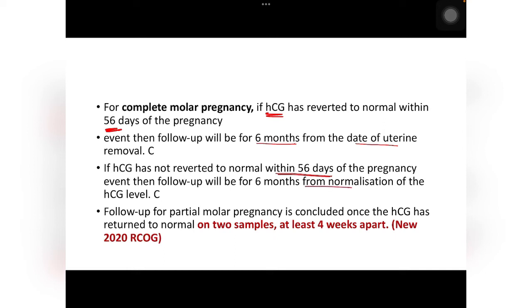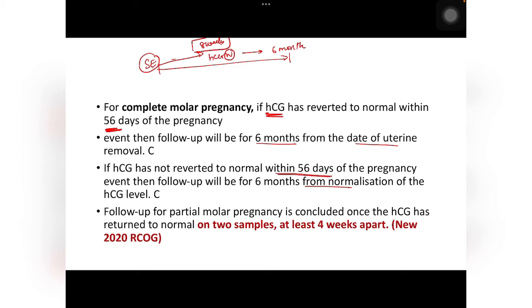Say I did suction evacuation, and starting from today, within 8 weeks, 8 weeks is 56 days, right, the beta HCG has become normal. Then I will follow her up only for 6 months, starting from the day of uterine evacuation. So from this day for 6 months, in total, I'm going to monitor her.